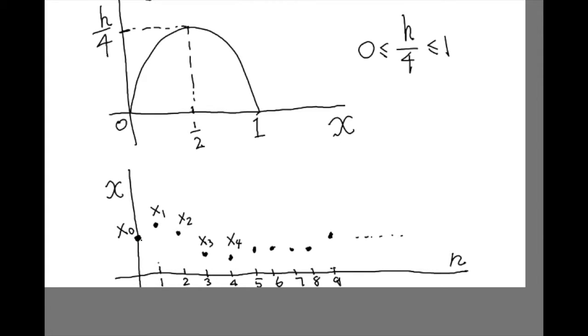This graph depends on the initial population x0 and on the growth rate h, but h is the most important thing. If we care about what the population is eventually when n goes to infinity, you will see that x0 doesn't matter that much. It's h that decides what happens eventually for the population.